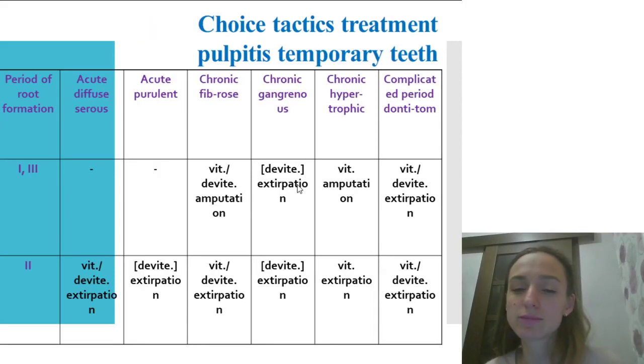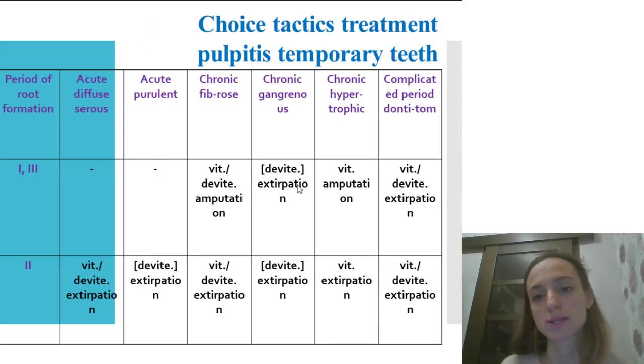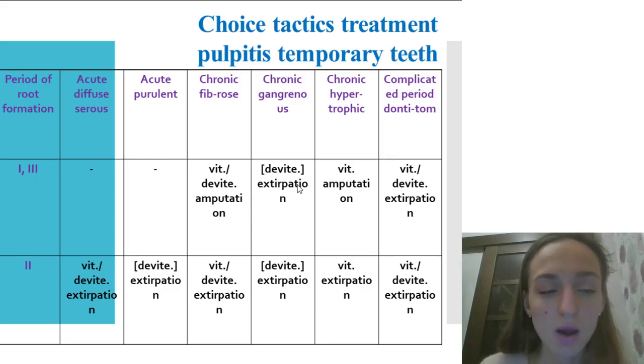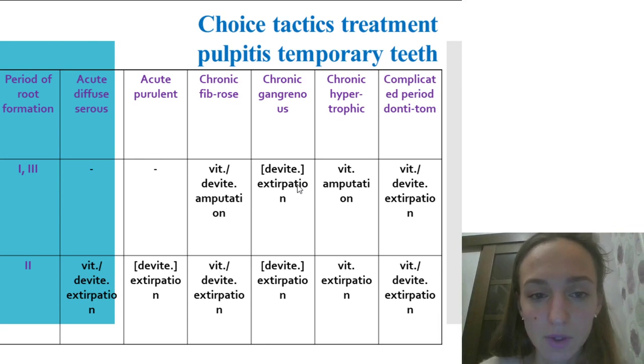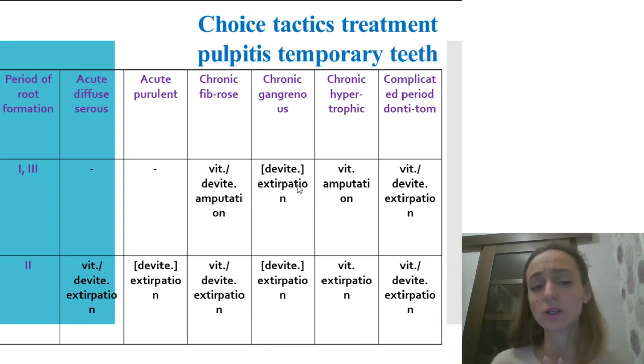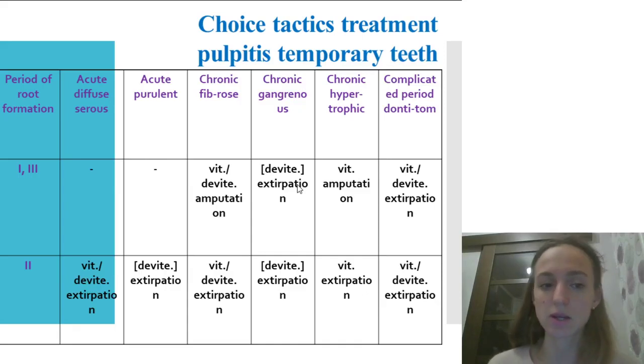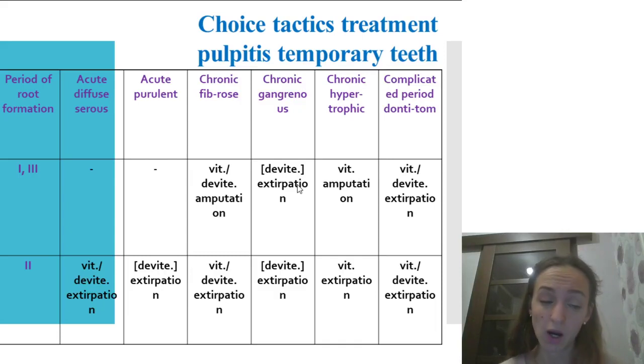Then what tactic should we choose for treatment of pulpitis in deciduous teeth? Of course, it's a very necessary table because you will have many test tasks in the exams or in the croc, and it's a very important table.